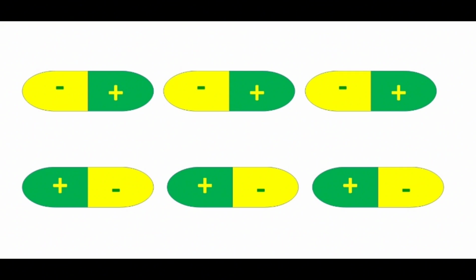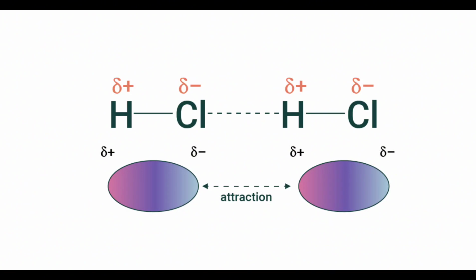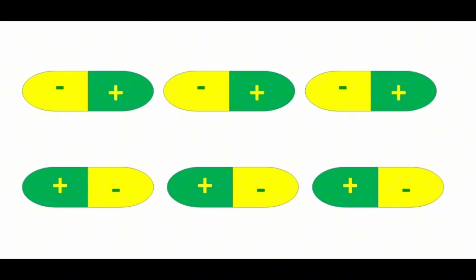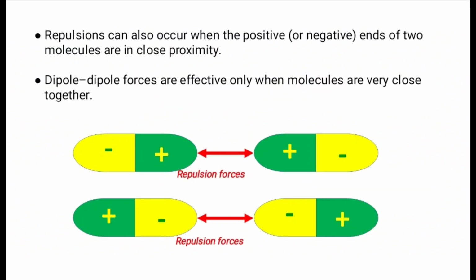We know plus and minus are attracted. So imagine two dipoles are coming together, and what happens? Plus and minus of two different dipoles are attracted. The negative charge of one dipole turns to the positively charged side of another dipole, and they start attracting each other. But there can also be repulsion forces.